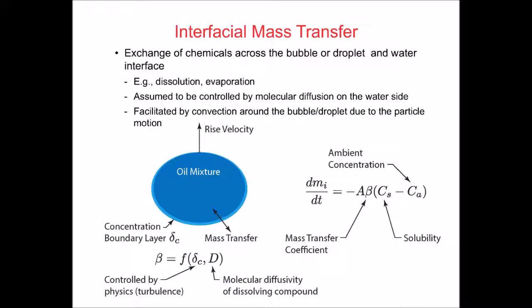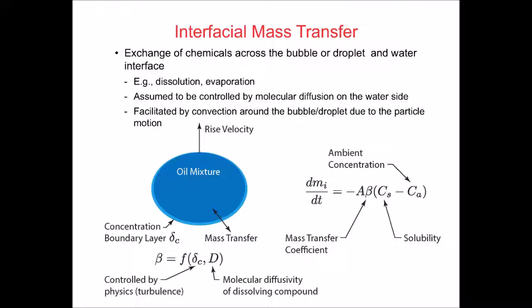As it rises, it's going to be dissolving the lighter compounds into the surrounding seawater, and there's going to be a buffer layer here where we basically have the solubility limit at the oil-water interface. Right here, next to the oil, the concentration is going to be the solubility of that compound in water. But then not very far away in the seawater will usually be some lower concentration.